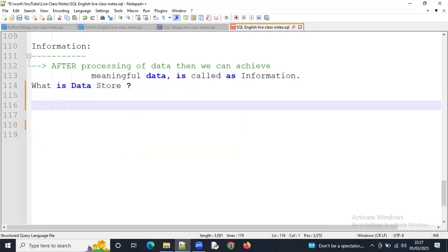What is a data store? A data store is where we can store the data permanently. If we save or store the data permanently, then that is called a data store. It is a normal and general definition that everyone can understand, I hope.